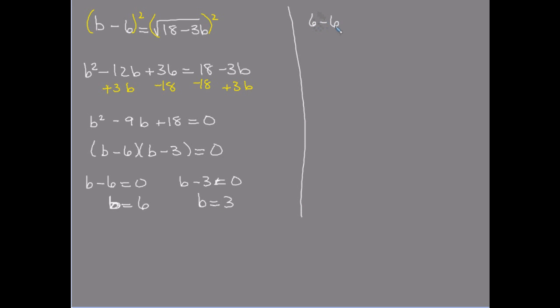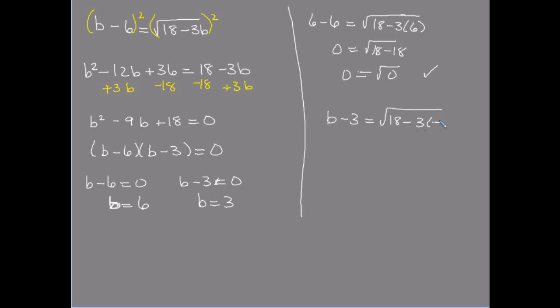6 minus 6 is equal to the square root of 18 minus 3 times 6. So that 0 is equal to the square root of 18 minus 18. 0 is equal to the square root of 0. This is true. b minus 3 is equal to the square root of 18 minus 3 times 3. 3 minus 6.